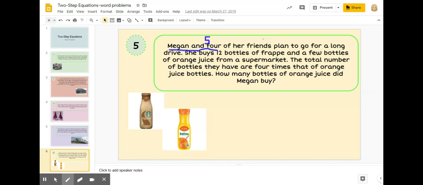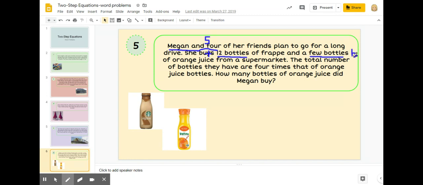And a few bottles of orange juice. Okay, so she's got 12 bottles of frappe. So we know she buys that, right? And then she also bought a few bottles of orange juice. Ooh, we have no idea how many bottles of OJ she bought.